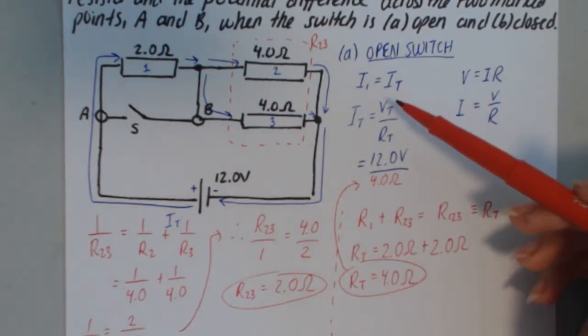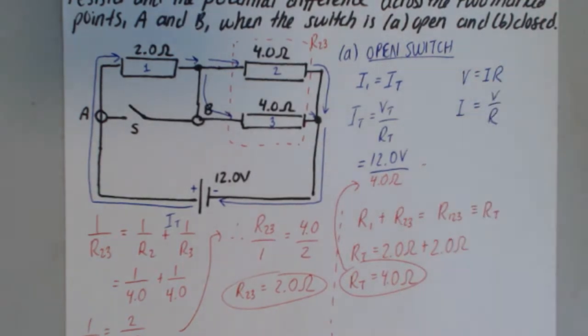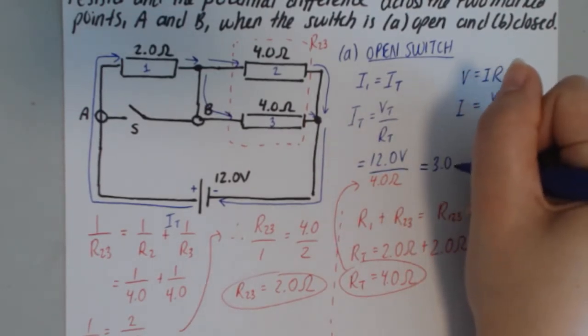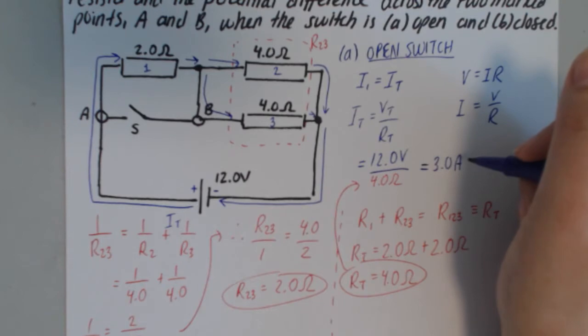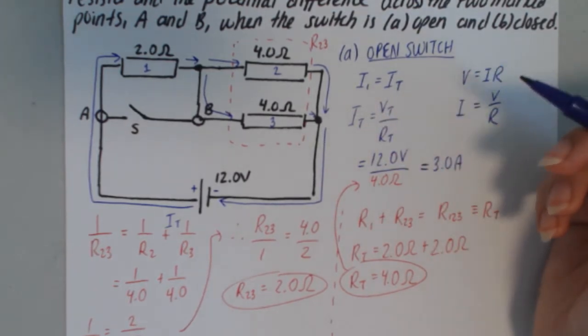Okay, so we were looking for total current. So 12 divided by 4, that's 3.0 amperes. Okay, so that is the current that is going through the 2 ohm resistor, because like I said, the total current and the current through R1 are the same.